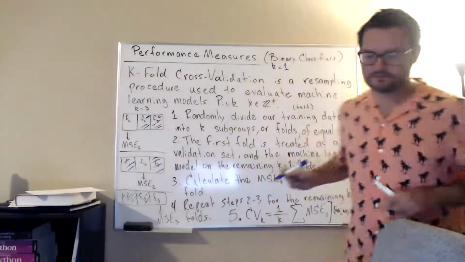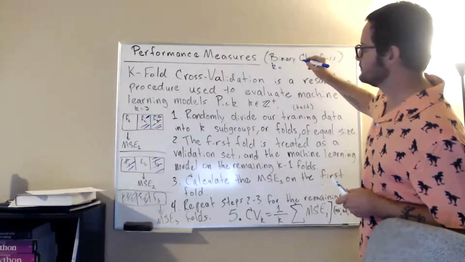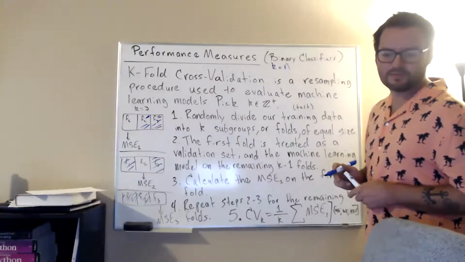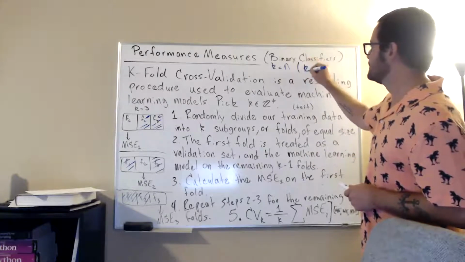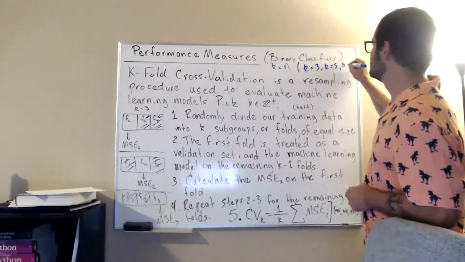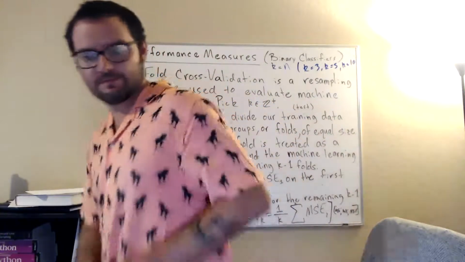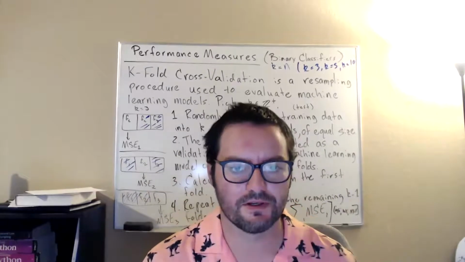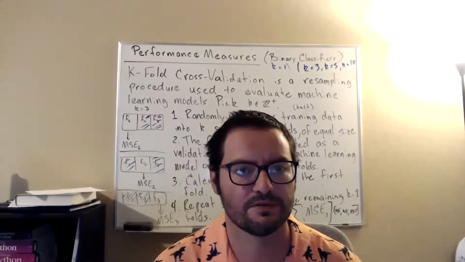When k is equal to n, we have what's called leave one out cross-validation. But typically, k will be something like 3, 5, or 10; those are the typical values that you would choose. So let's go ahead and look at this real fast. Give me a moment.